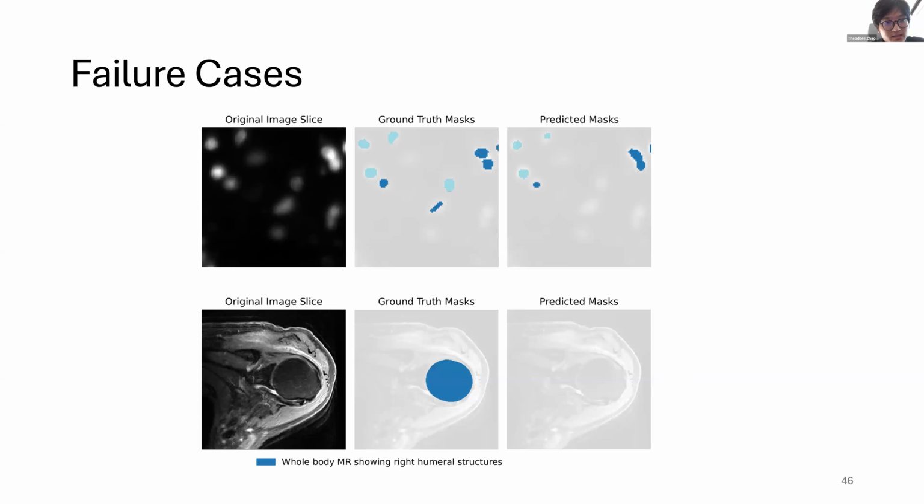Some failure cases. In this case, two nuclei are touching together because the model only does binary semantic segmentation. It doesn't do any instance segmentation, so it doesn't know how to split the instance into two. Sometimes this touching instance can cause problems because of over-segmentation. Another failure case is this MRI showing the right humeral structure.